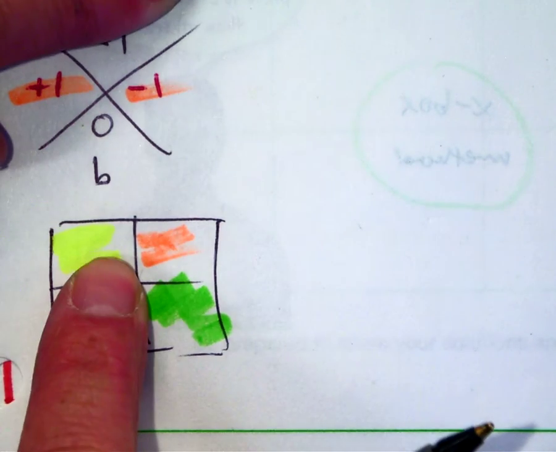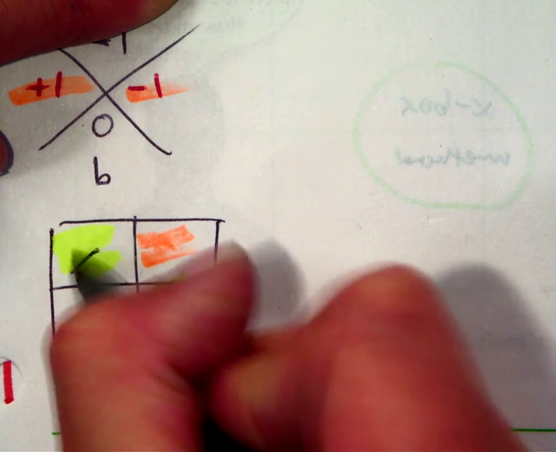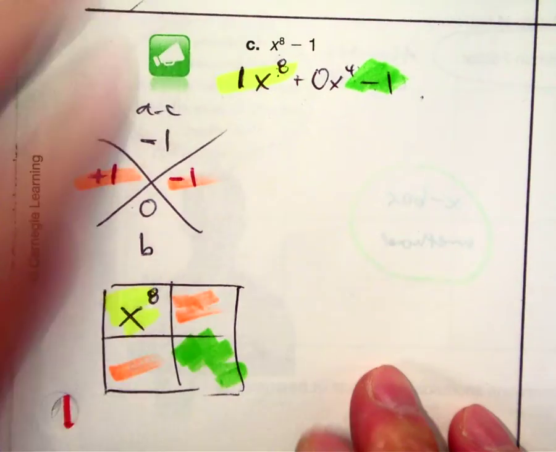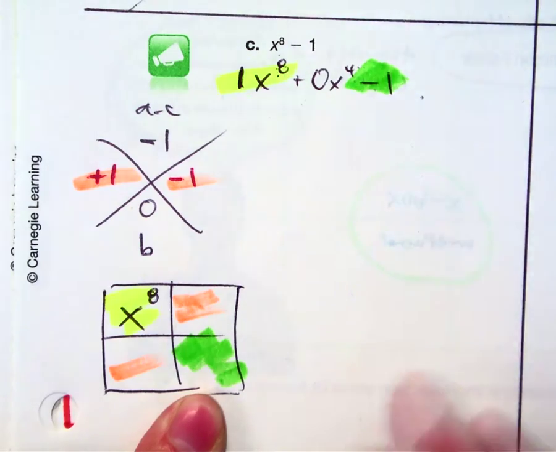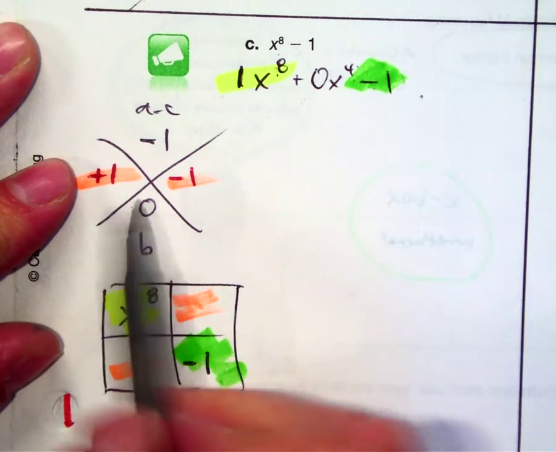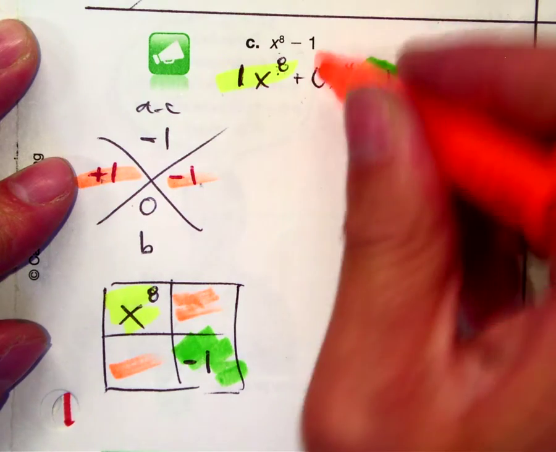Class, what am I going to write here? X to the 8th. How about the green? -1.